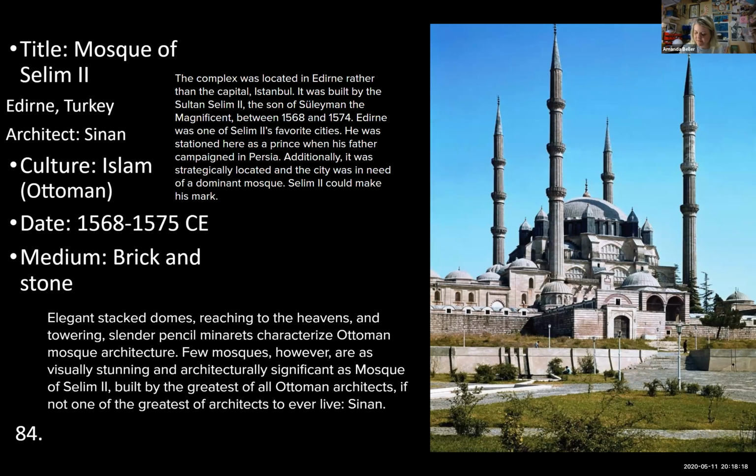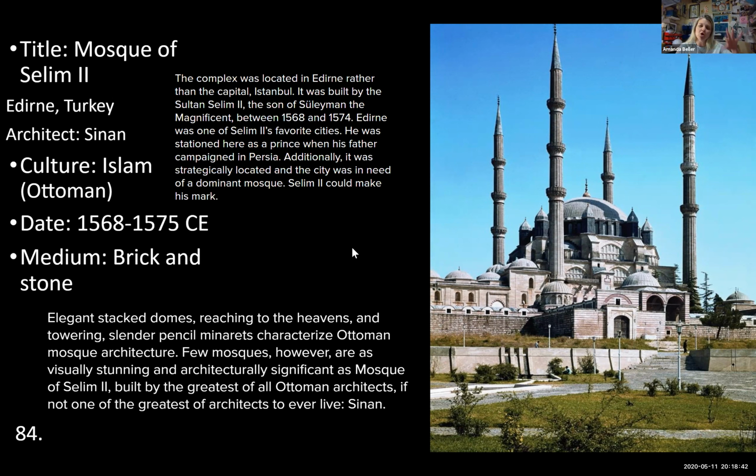Mosque of Selim the Second. This is in Turkey. It is an Ottoman mosque that was built to be the better version of the Hagia Sophia, right? So I think about this one as like being the Hagia Sophia 2.0. Edirne was one of Selim II's favorite cities.